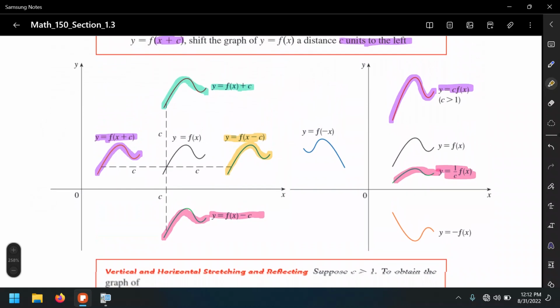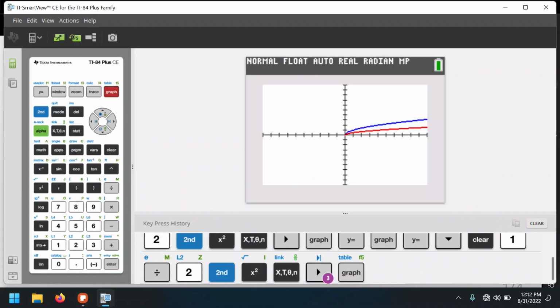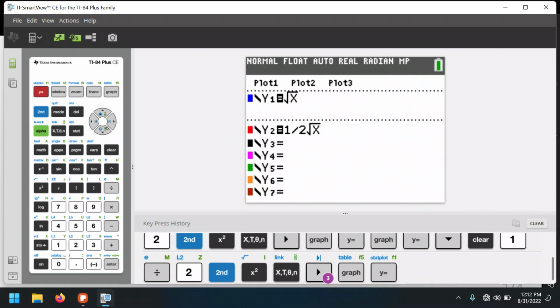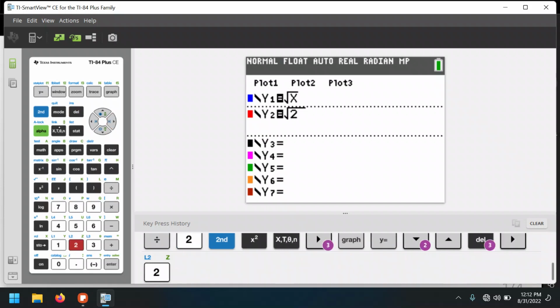It's not on the graphs right here, so that's why I'm going to use the graphing calculator instead. y equals, delete. So instead of having the square root of x, I'm going to have the square root of 2x.